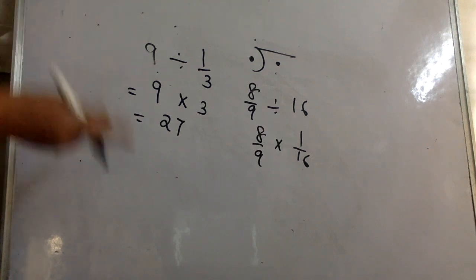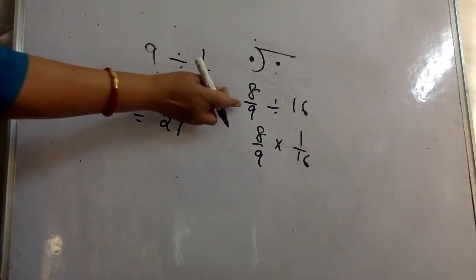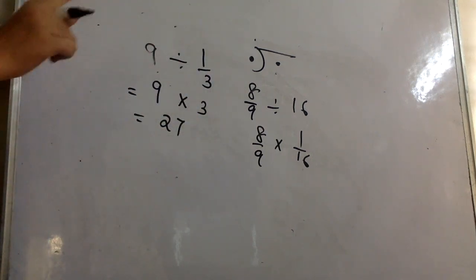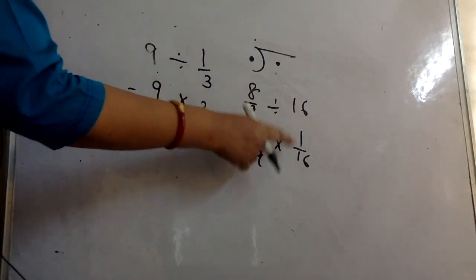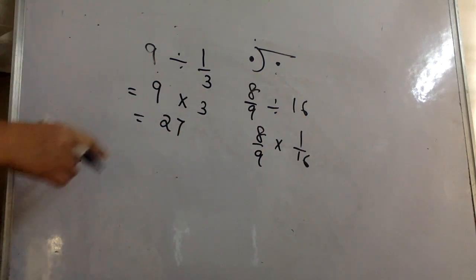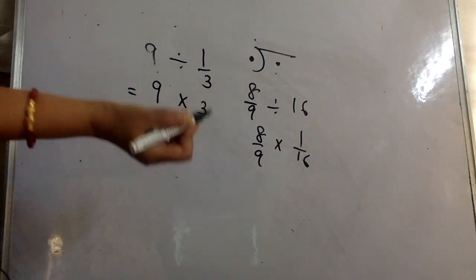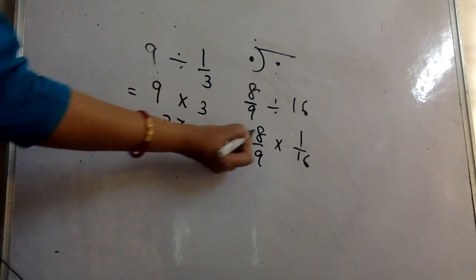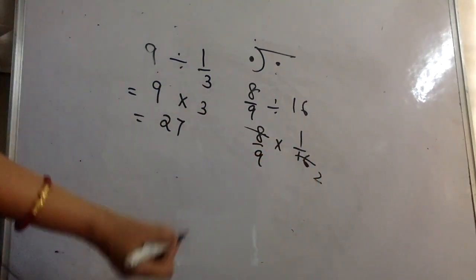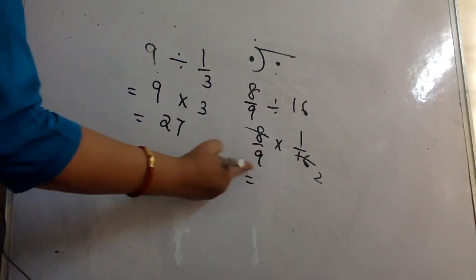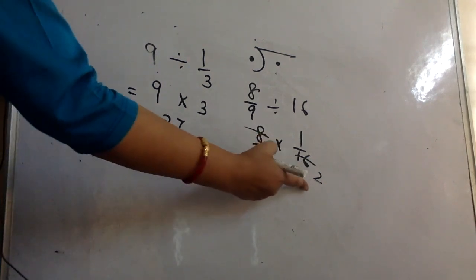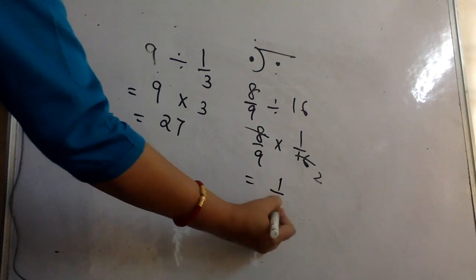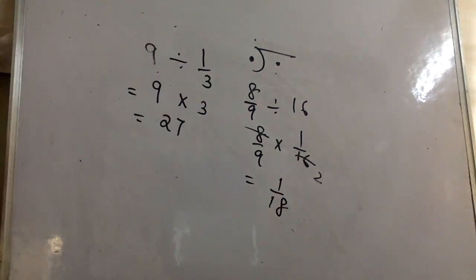I have seen children turning both, and I have seen children turning this one. No, it is only the one which is after the division sign that gets the turn. Now you do multiplication of fractions, as I've already told you. Cut this 2, and then multiplying denominator with denominator gives 1 by 18. So that is your answer.